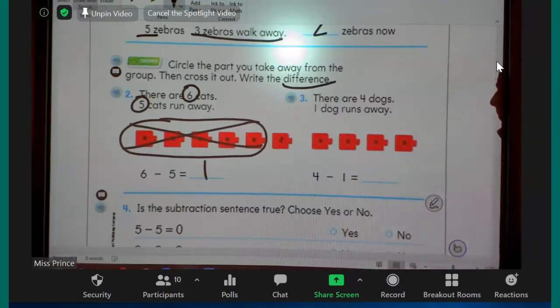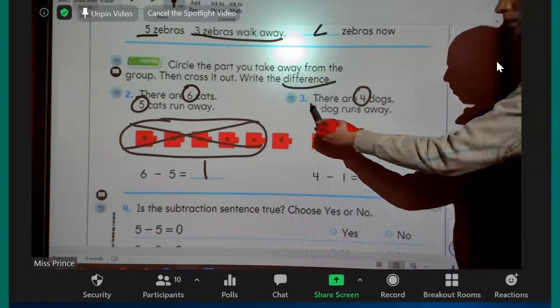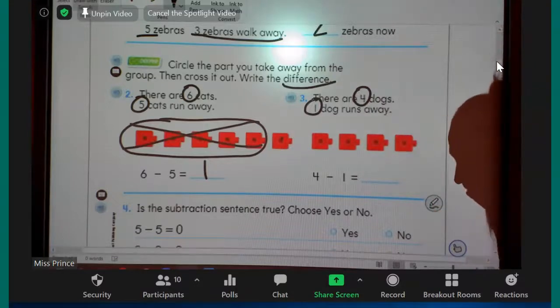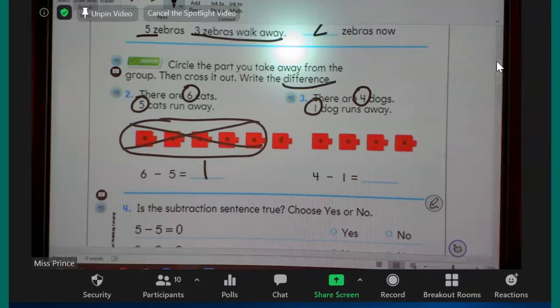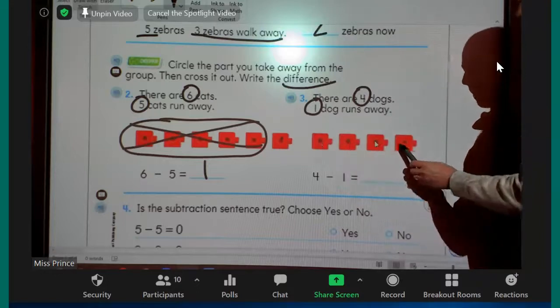Kieran, there are 4 dogs. One dog runs away. How many dogs are left over? First step we need to do, Kieran, is what? So yeah, we can count how many to make sure there's 4. 1, 2, 3, 4.